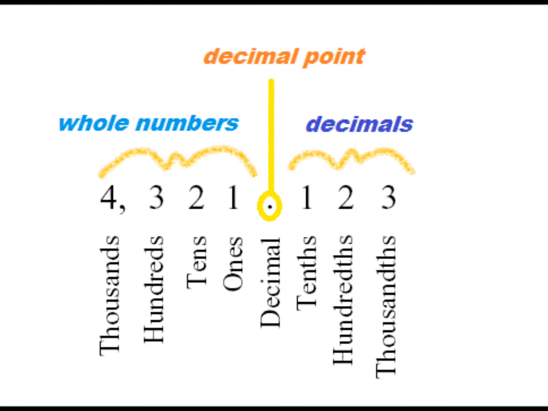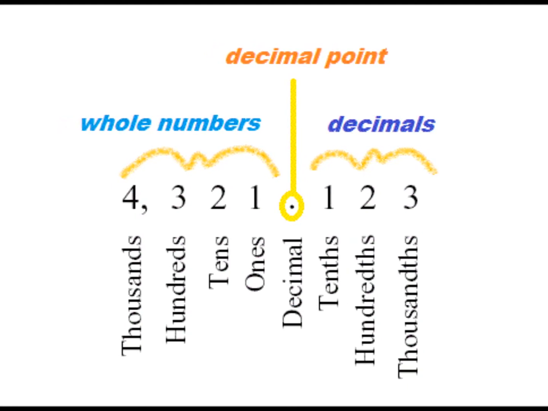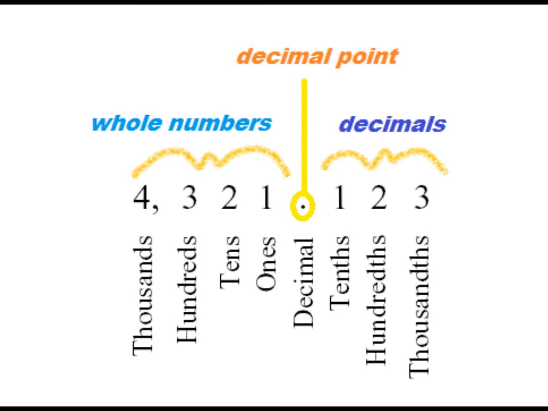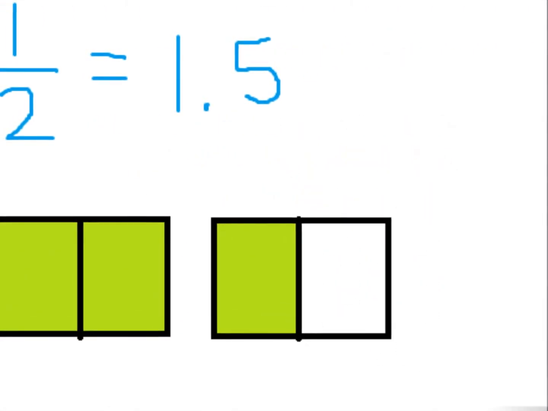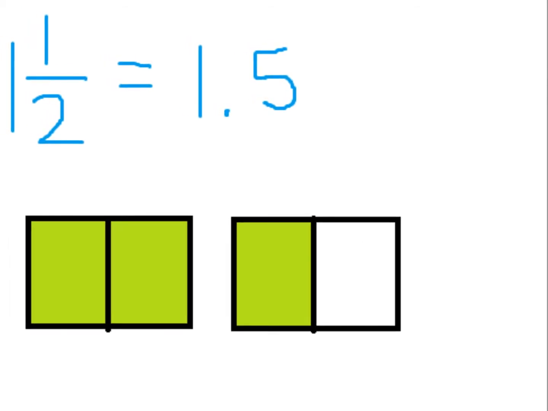Numbers to the left of the decimal point would stand for whole numbers, and the numbers on the right side would indicate the fractional part. So the number 1 1/2 would be 1.5 in decimal.